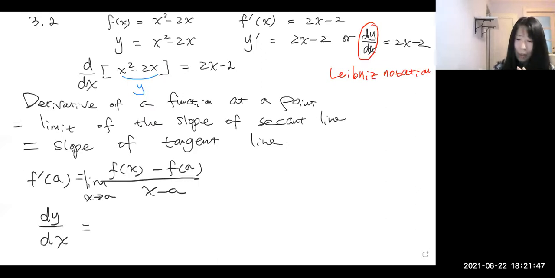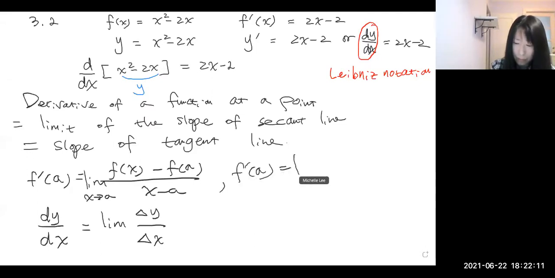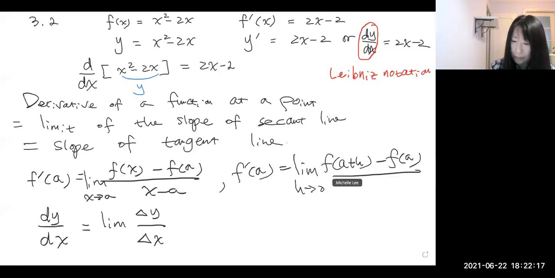The slope of the secant line is the change in y over the change in x, right? Then we take the limit when the denominator approaches 0. So h approaches 0, same as we did last time.